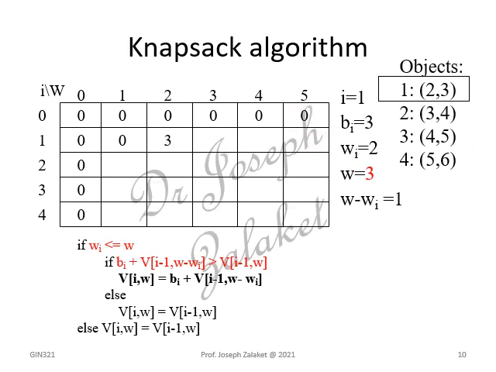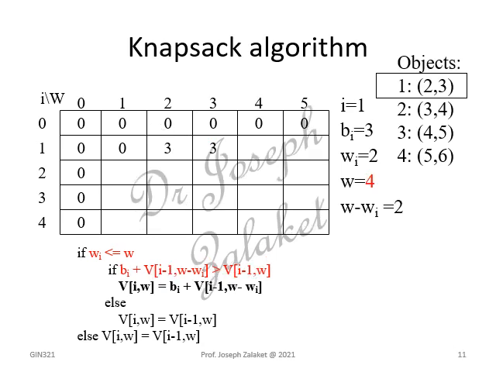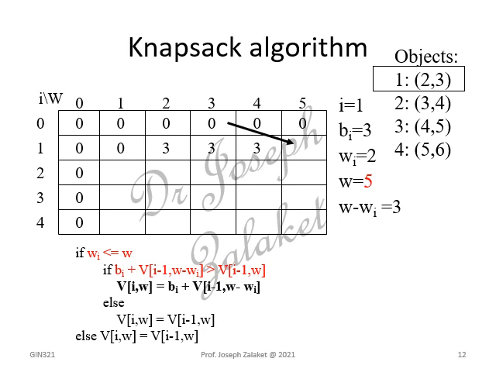So the second one will be also 3, because 0 here, W minus Wi, 3 minus 2 equal 1, 0 plus 3 is greater than 0, so we put 3. And so on. 4 minus 2 is 2, the value is 0 in the previous line, greater than this 0 in the previous line of the same cell, so we put 3, and also for the value of 5 we will put 3.